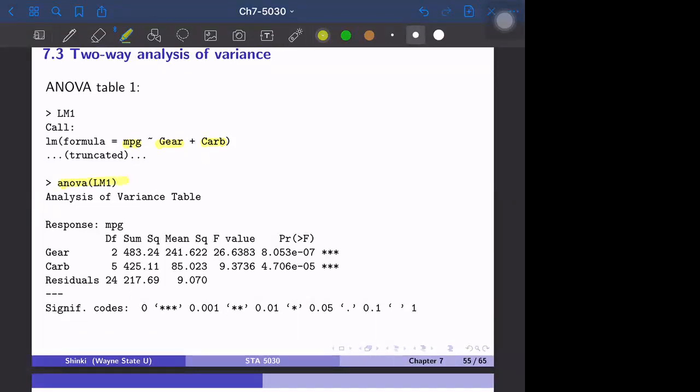In the ANOVA table, the first line tests whether gear is significant. That means we test x_ij equal to mu plus epsilon_ij against x_ij equal to mu plus alpha_i plus epsilon_ij. So we compare 1 versus 2, where 1 is the null hypothesis and 2 is the alternative hypothesis.